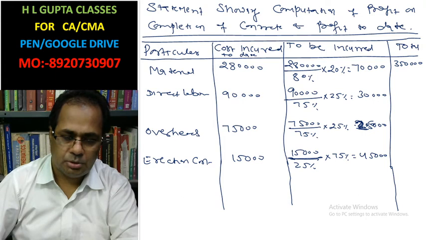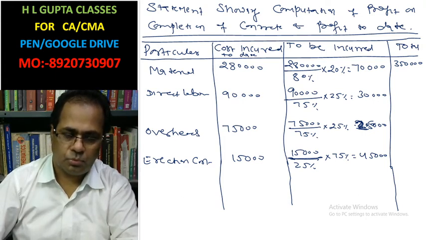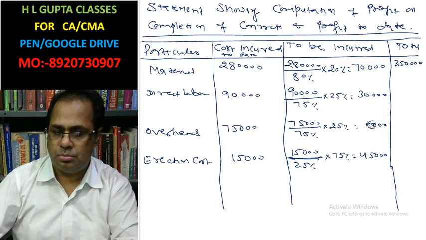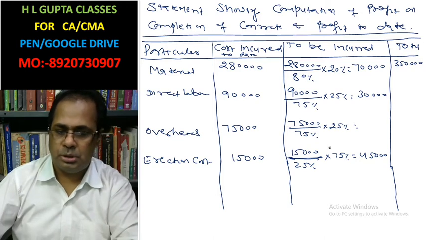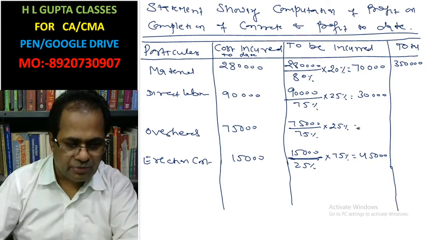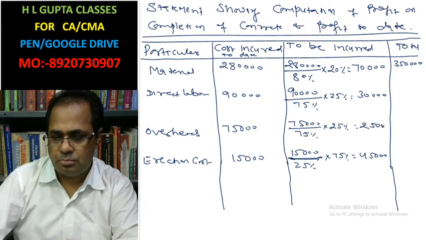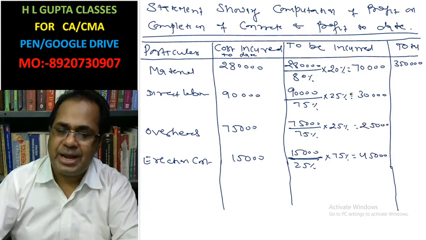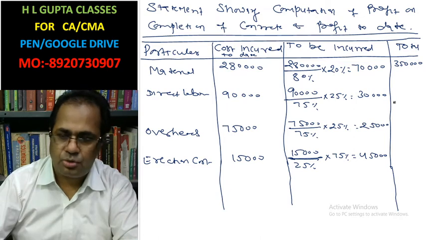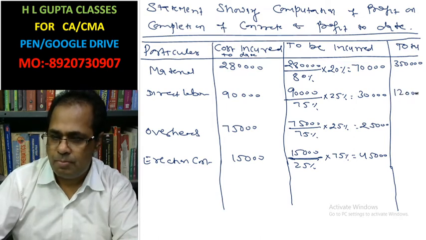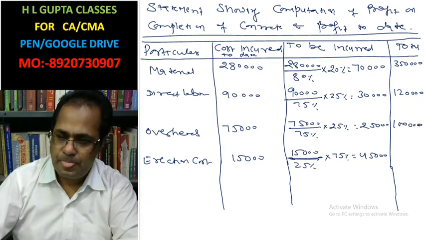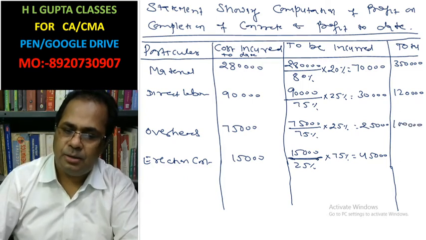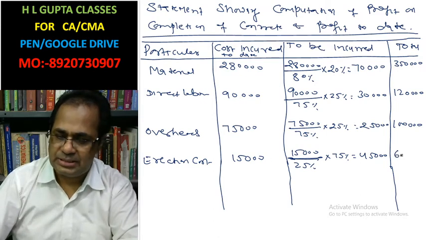Then the estimated direct labor cost is 1,20,000, estimated overhead cost is 1 lakh, and estimated erection cost is 60,000.